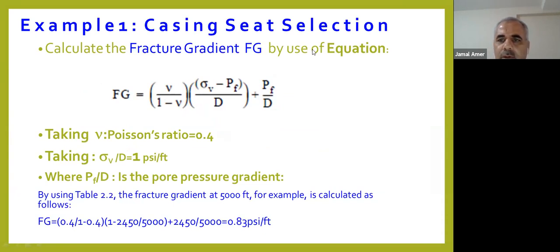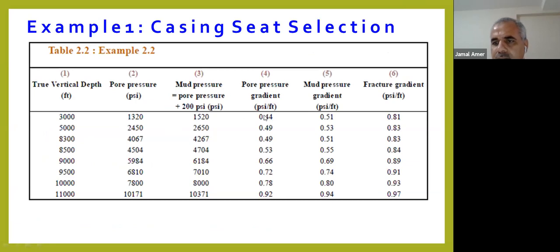It is called Poisson's ratio equation. So we use this figure and we have this constant number. We use this equation, and we have all parameters, so we can calculate this number here, which is the fracture gradient.